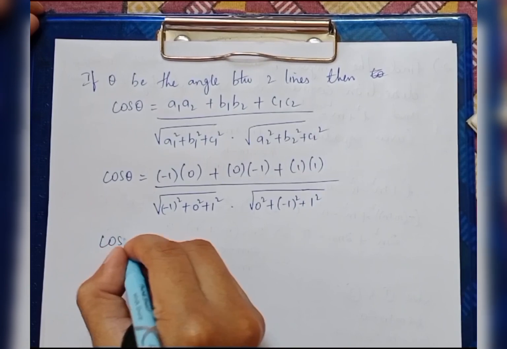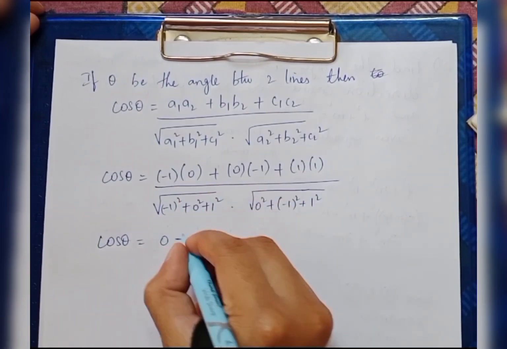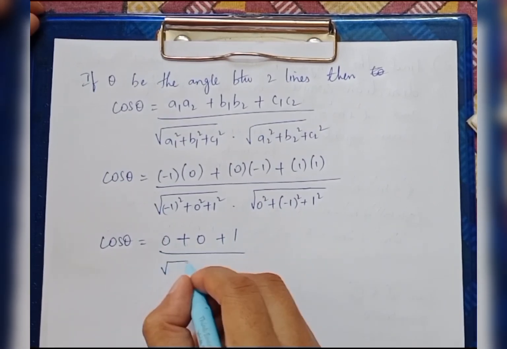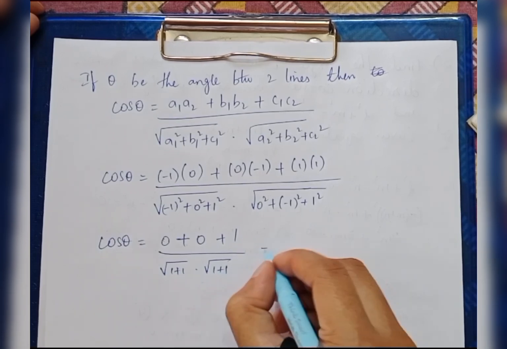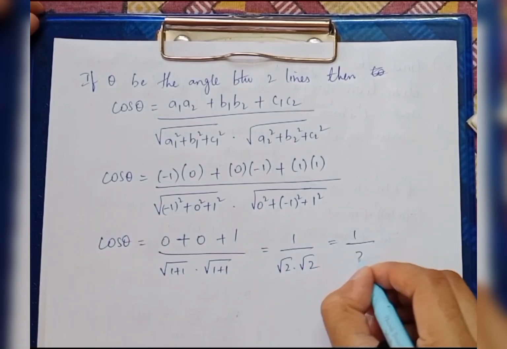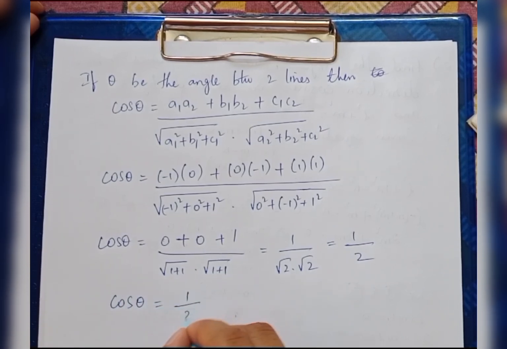So it will be cos theta is equal to 0 into minus 1 is 0, 0 into minus 1 is again 0, and 1 into 1 is 1, 1 by root of 1 plus 1. Here also same 1 plus 1, so it will be 1 by root 2 into root 2, which is equals to 1 by 2. So cos theta is equals to 1 by 2.